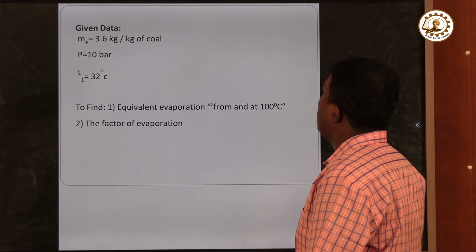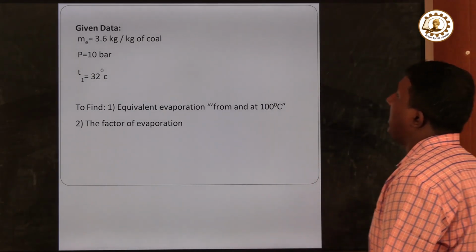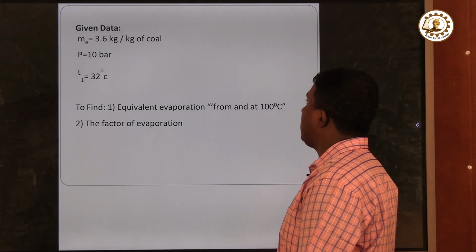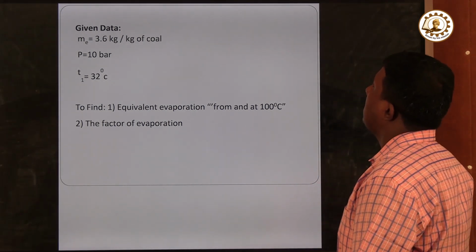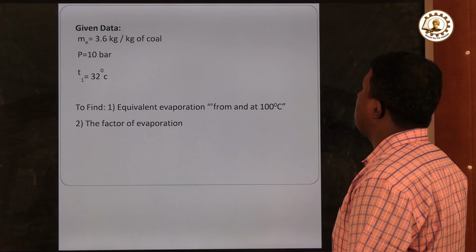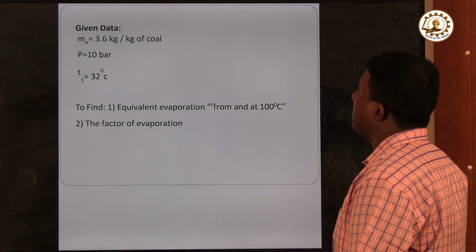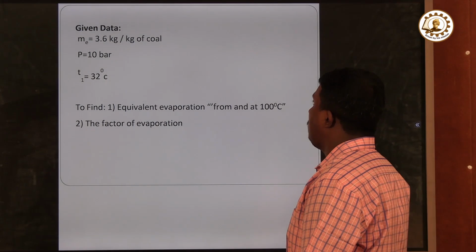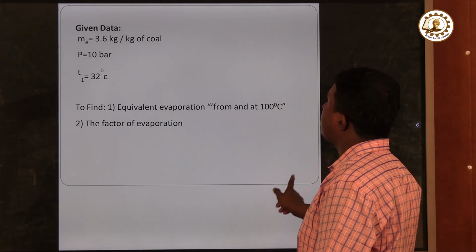The given values are mE is 3.6 kg per kg of coal, pressure 10 bar, and feed water temperature 32 degrees Celsius.